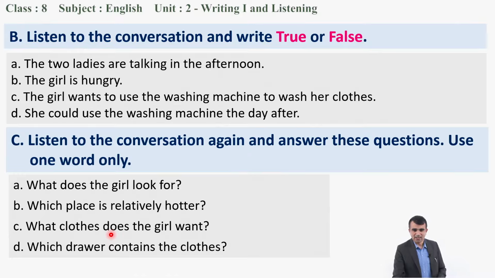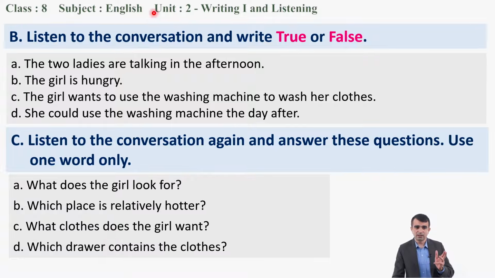Okay. Now, come to this listening in your book. In this listening, you will listen to a conversation between two women. After listening to it, you will do one true false item and another short answer questions.